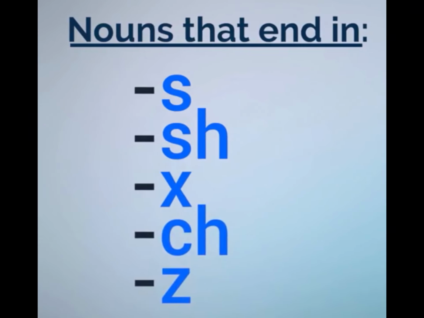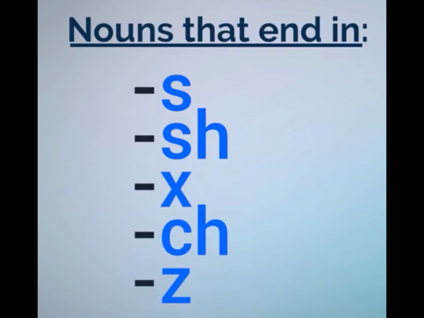Okay, so another rule are nouns that end in S, SH, X, CH, and Z. To make the plural form of these nouns, you will add ES.